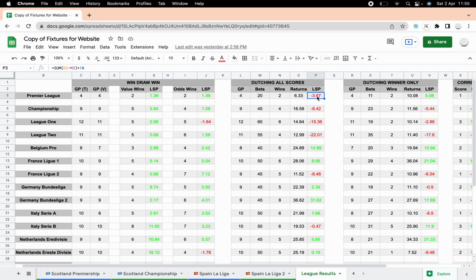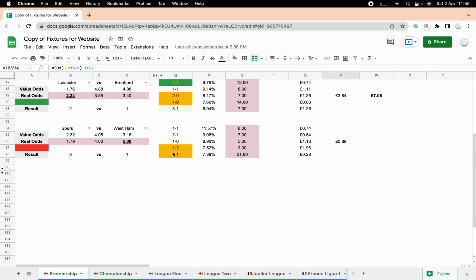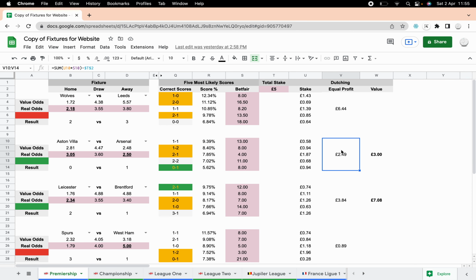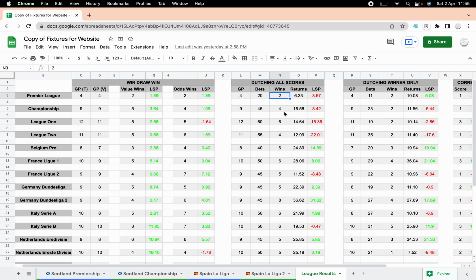It was a little bit tricky to do this, and I went about it probably in quite a long way to add more work for myself. But basically, just to explain what this looks like, the 2 wins returned £6.33 together, so that's £2.49 plus £3.84, and that's profit. Those figures are profit. So then we've also got to add on the £5 stakes that we added, because we're getting those back as well, obviously, because that's the profit.